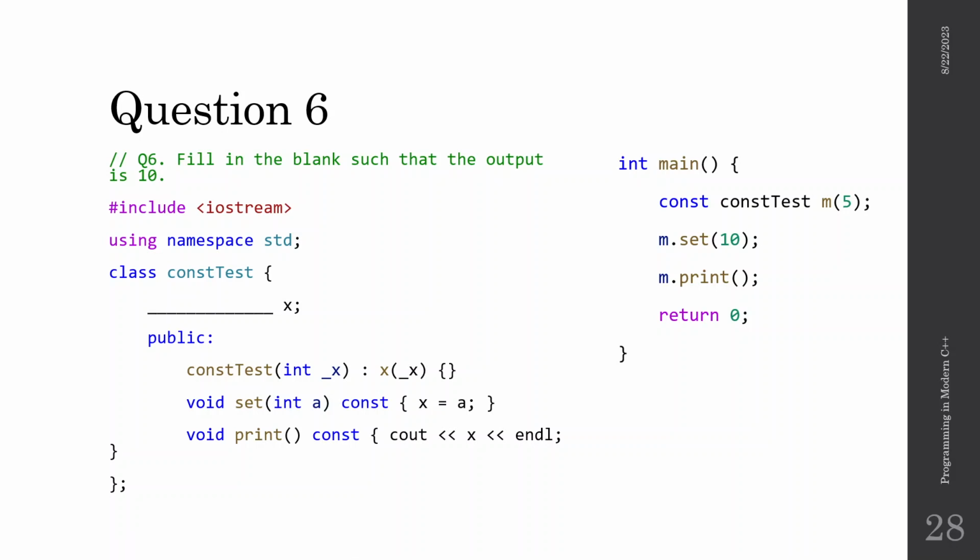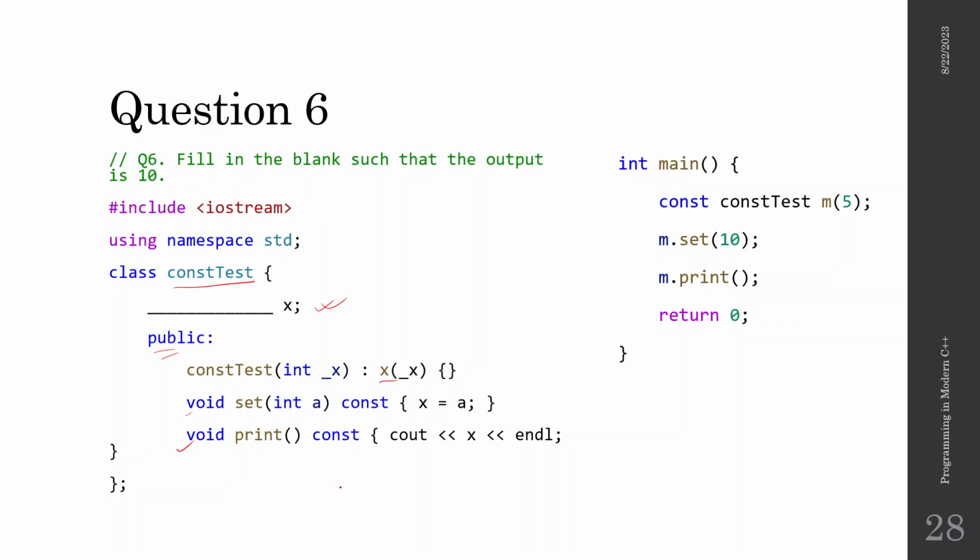Okay, so in this question we have this class called ConstTest, and it has a private data member x with some keywords before it. Then in this public scope we have a constructor which initializes x, and then we have a function called set which sets the value of x, and then we also have the print function which prints the value of x.